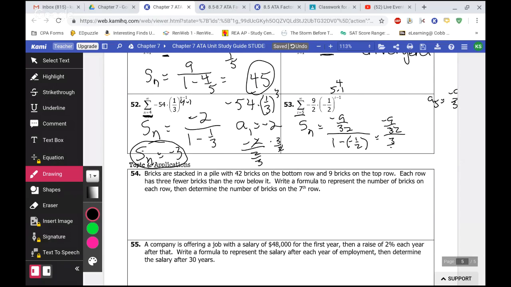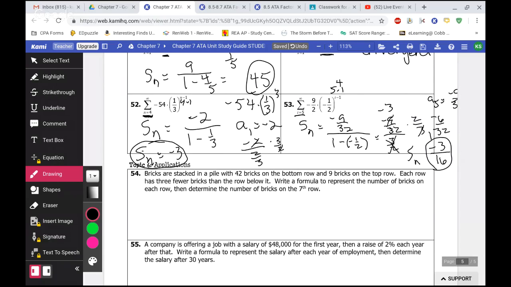So that's going to be 3/2. So times 2 over 3, because we'll keep, flip, change. So that's negative 6 over 32, which reduces to negative 3 over 16.